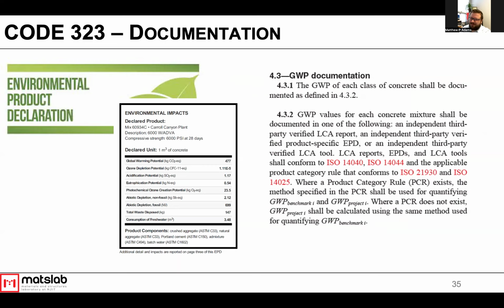So beyond your benchmark, for each concrete that you plan to use, you need to get an EPD. The EPD is going to give you a range of information about environmental impacts per unit of concrete, but most importantly, it's giving you your global warming potential. And that is the number that you can use to see if you're meeting the reduction requirements set through this document.